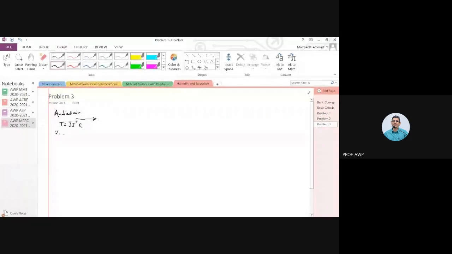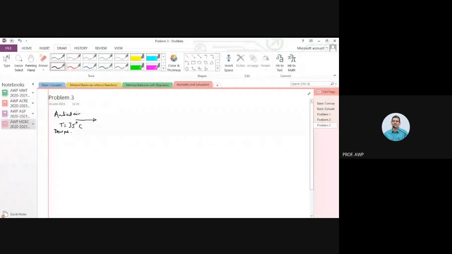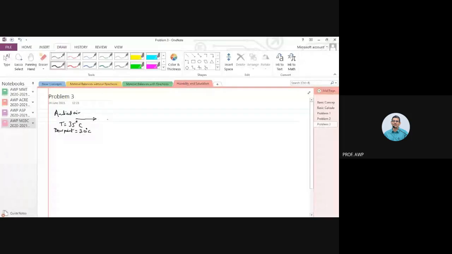So percent, let me give dew point. Dew point is 30 degrees centigrade. We want to do something to this air.